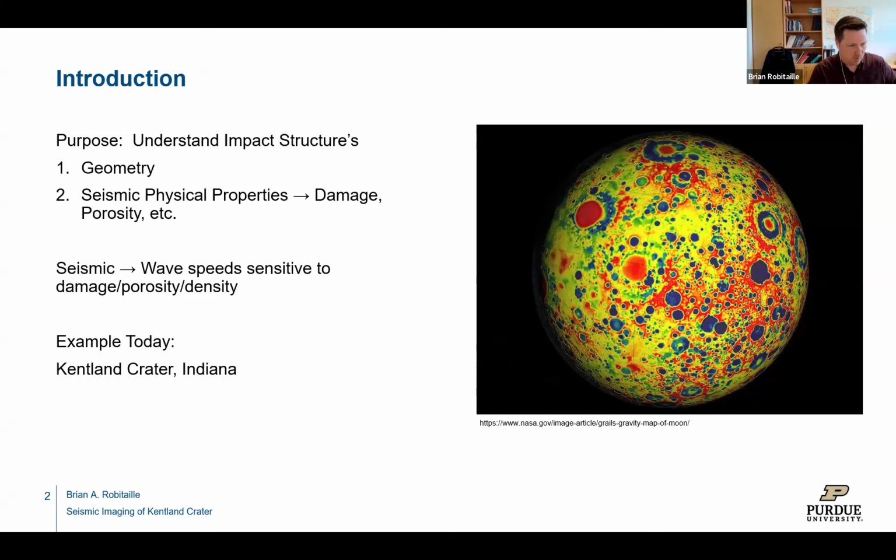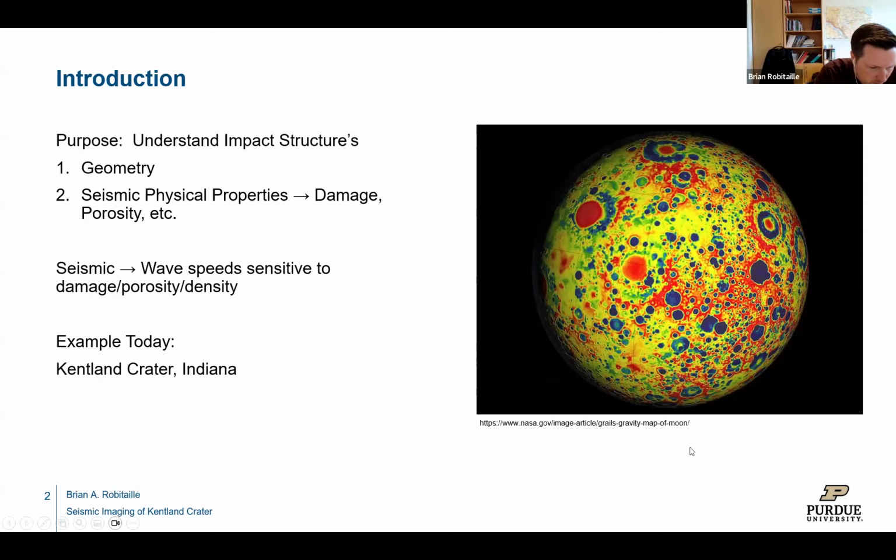The example I'm using today is Kentland crater. To address the elephant in the room, the gravity map of the moon is there because impact structures commonly show pronounced gravity negative anomalies due to low density breccias, rock fracturing, and the replacement of the ejected material by post-impact young sediments.